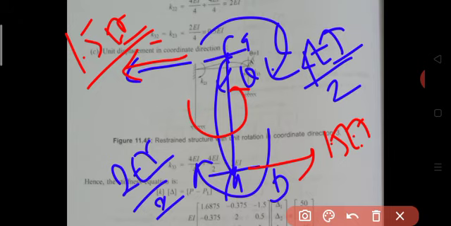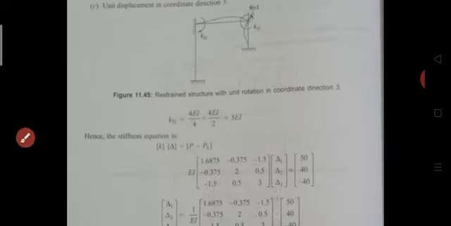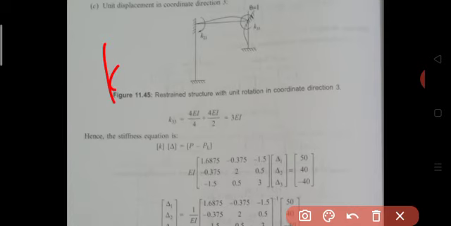Now write the third column of the stiffness matrix, that is K13. K13 means the force developed in the first coordinate direction due to unit displacement in the third coordinate direction. What is our first assigned coordinate direction?